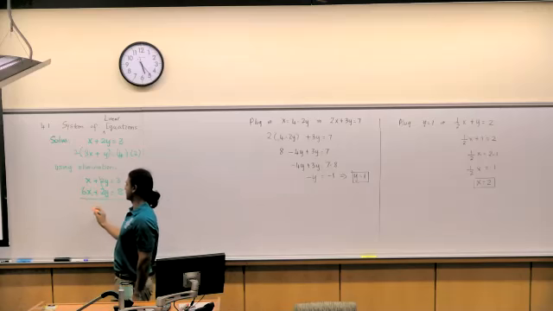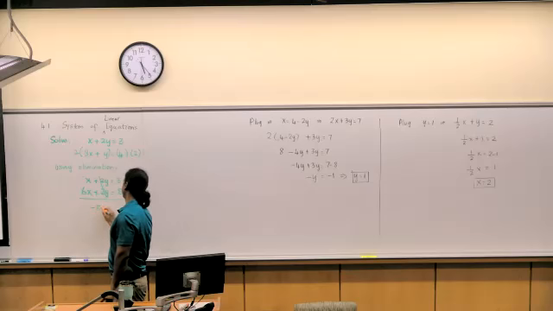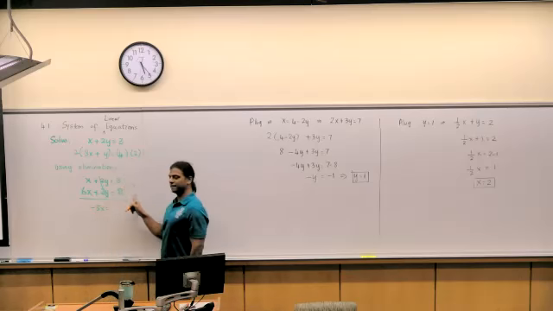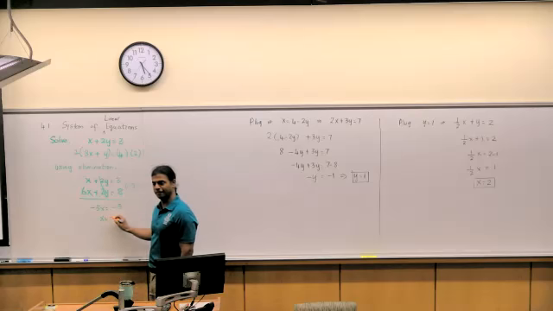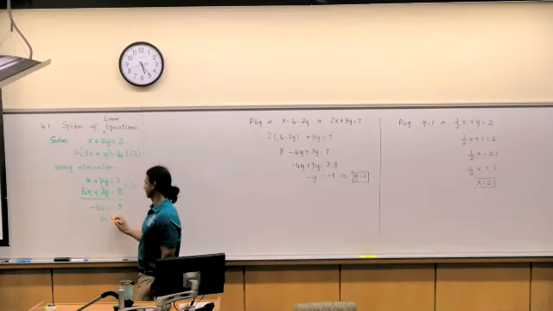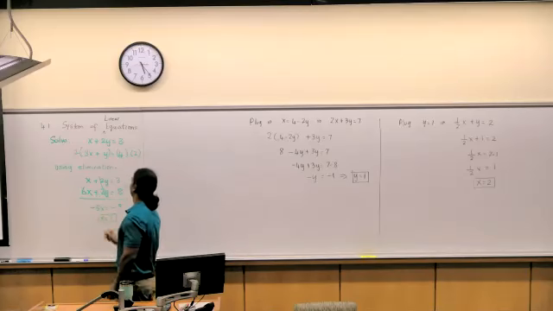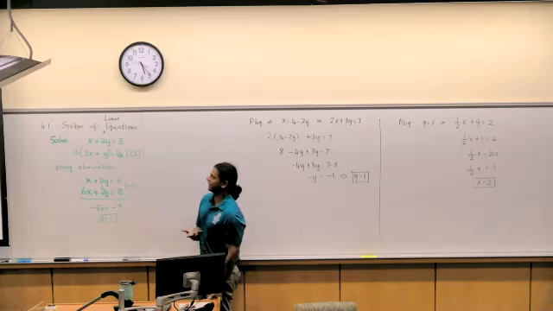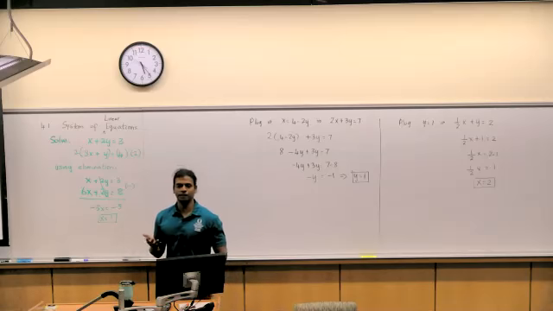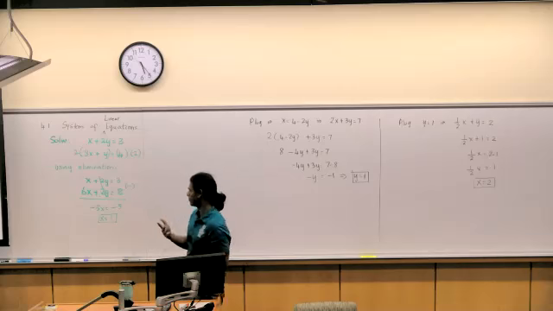x minus 6x is negative 5x. 3 minus 8 is negative 5, which would imply x is negative 1 or 1. Now, take this one and plug it in one of the two equations to find the other variable, y.